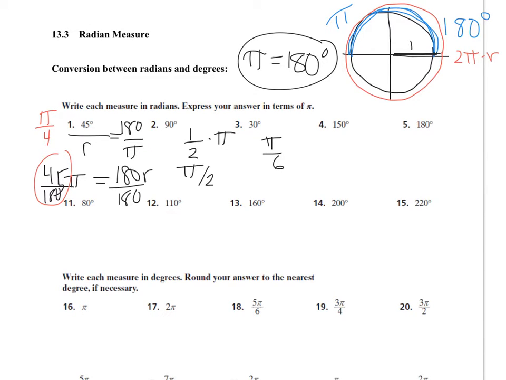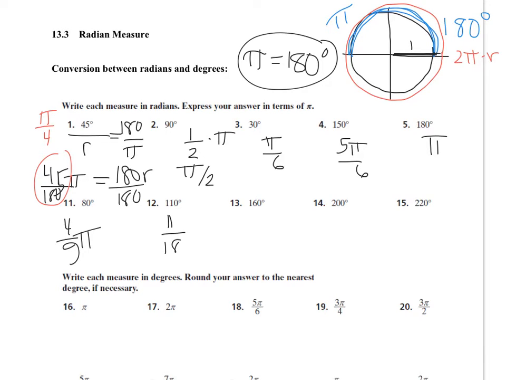This is going to be 150 divided by 180, which is 5/6, and then times pi, so 5 pi over 6. This is just going to be pi. 80 is going to be 4/9 pi. 110 is going to be 11/18.